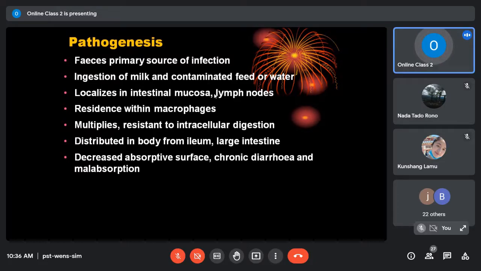The absorptive surface of the intestines is decreased, leading to chronic diarrhea and malabsorption. That's why mostly the affected animals die because of excessive dehydration and emaciation, due to loss of body fluid. This chronic diarrhea and malabsorption lead to a chronically affected animal and a progressively wasting type of disease.